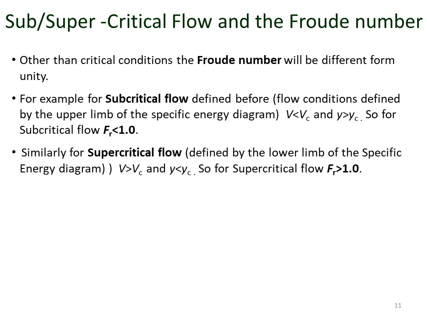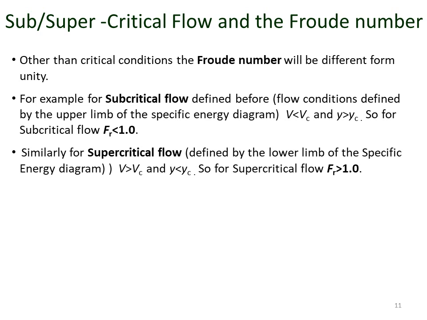As we discussed before, the velocity of flow is less than the critical velocity, and the flow depth is greater than the critical depth. So for subcritical flow, we deduce that the Froude number is less than unity.